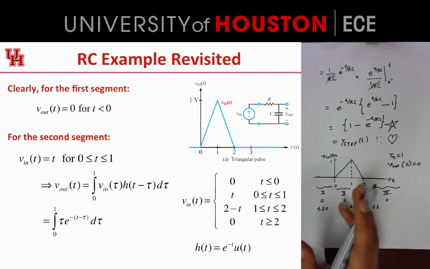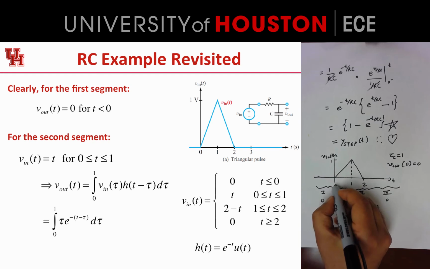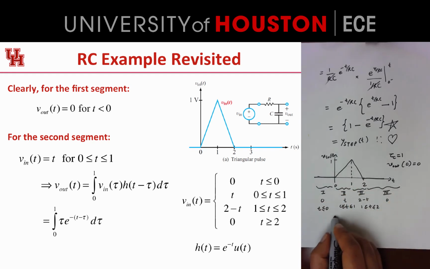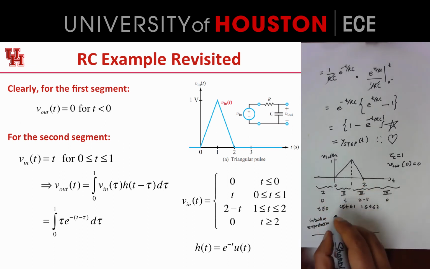Let's think intuitively about what's going on here. Between time 0 and 1, we are charging a capacitor. So this is sort of our intuitive expectation. All the way until 0, there should be nothing going on. Now between 0 and 1, we are charging the capacitor, so the capacitor's voltage should increase.